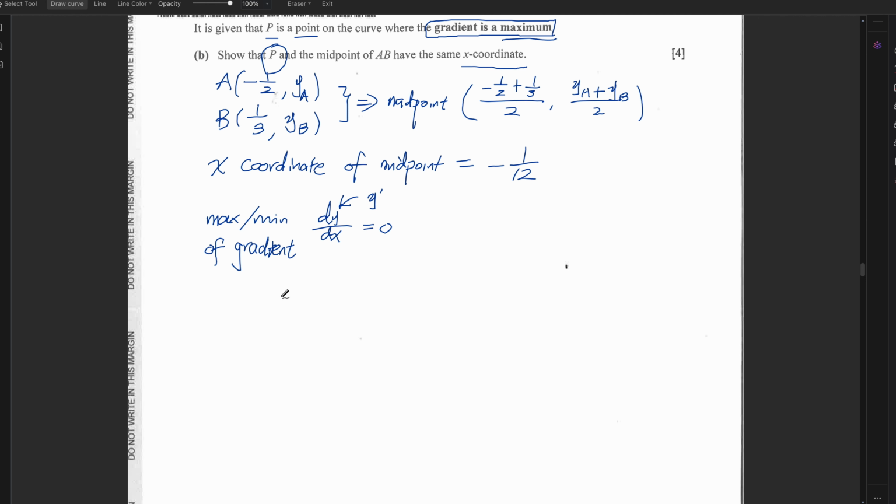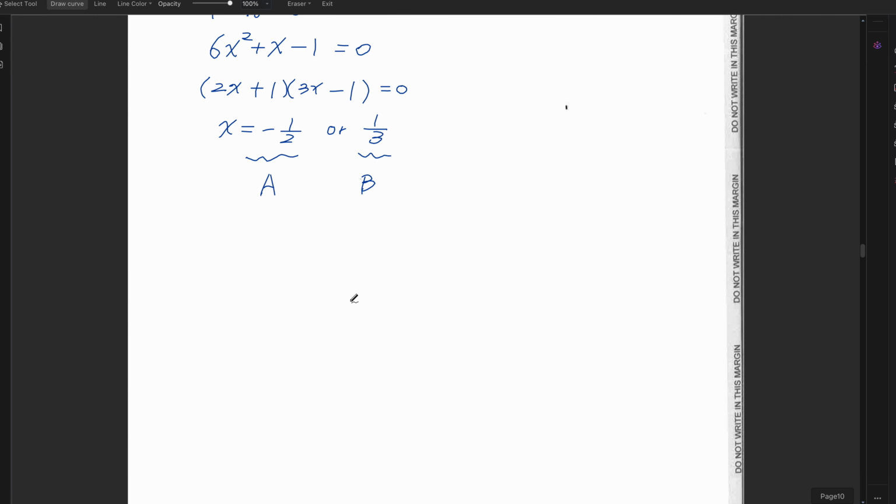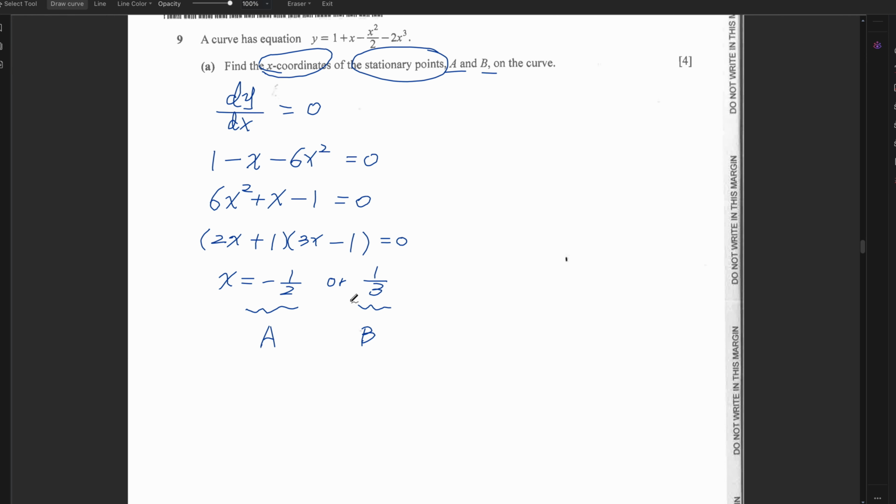Therefore, we need to find d2y dx squared equals to, let's see, what do we have? So this is gonna be my y prime. Okay, 1 minus x, 1 differentiate 1, you get 0. This is negative 1 minus 12x.